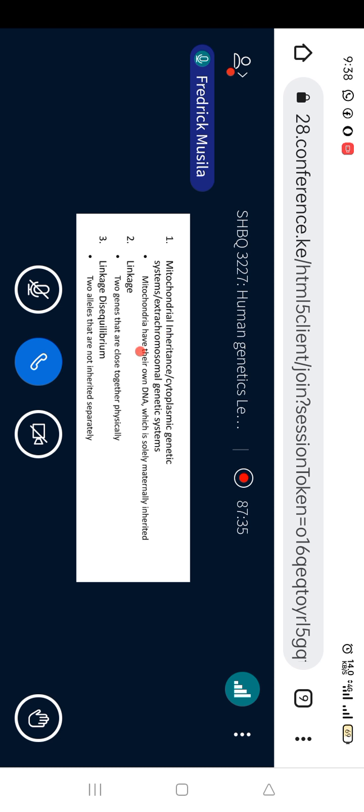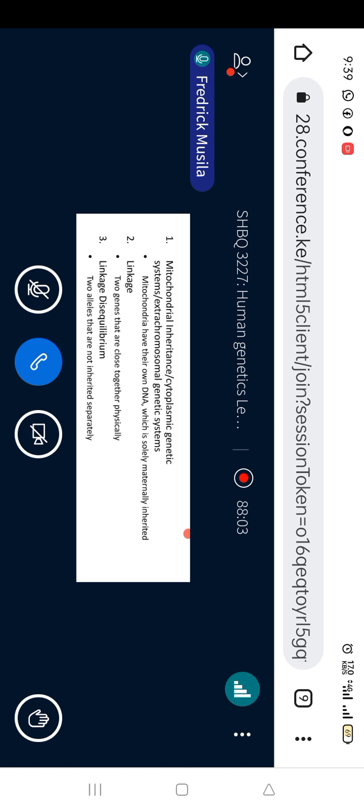We are going to see how genes in the cytoplasm are inherited from one generation to another. We are going to see that the egg, which contains most of the cytoplasm, is the one whose mitochondrial genes are passed to the next generation.